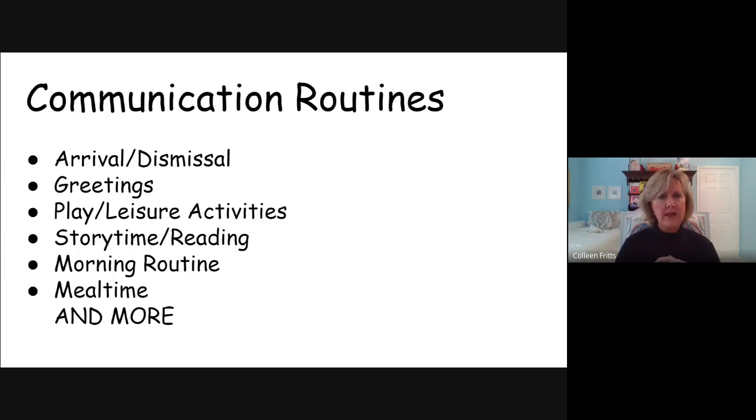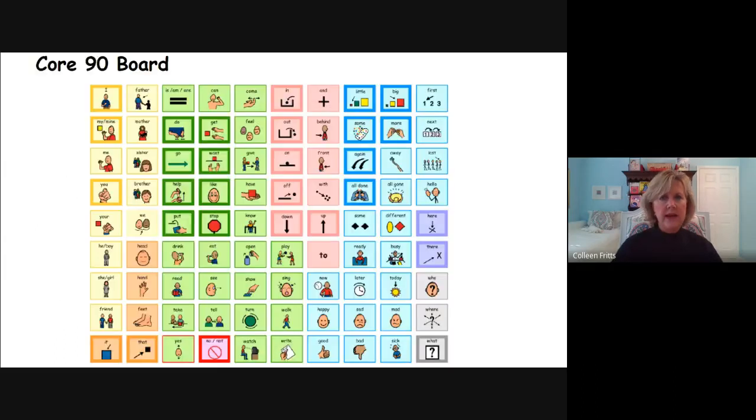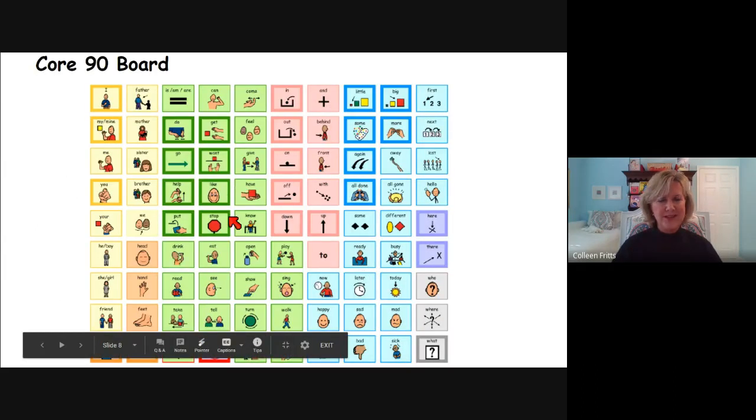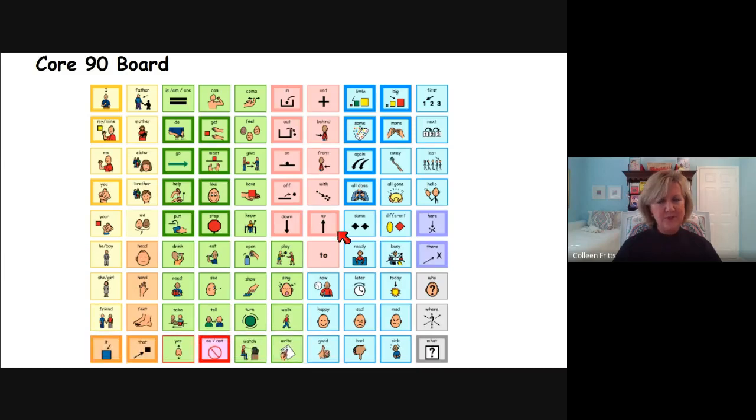So if I don't model that sign, it's going to be much harder for you to learn the sign stop or help or whatever that sign might be that you're teaching your student. Same thing for when you're using a communication board. If you don't use it to talk to them, they're not going to learn how to use it to talk to you.